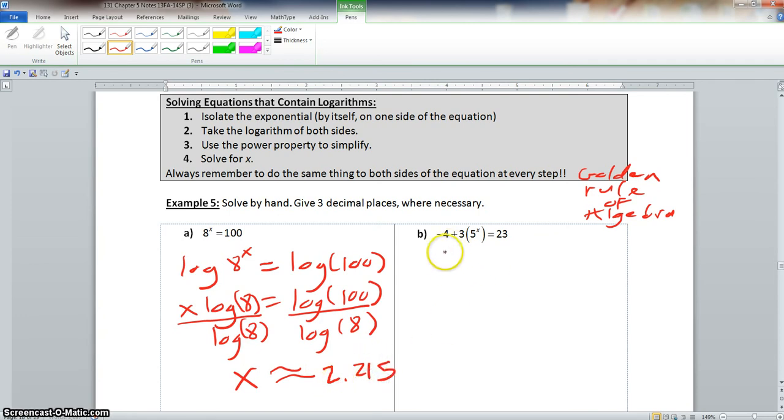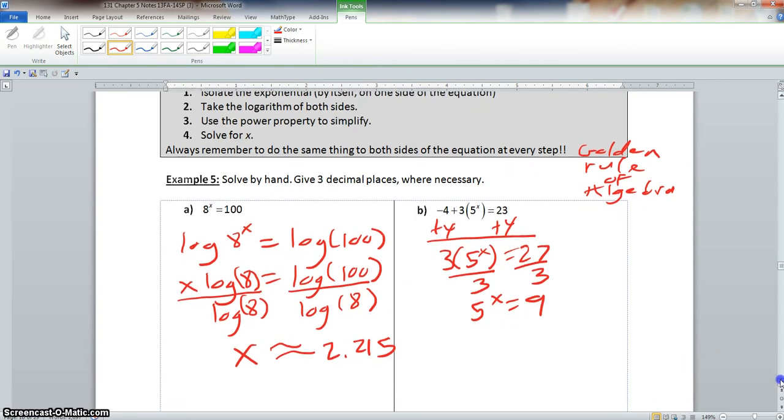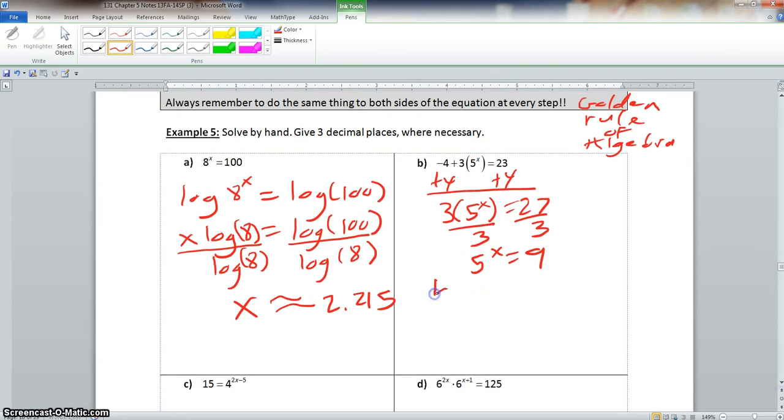Now we go here to b. The first thing we should do here in b is add 4 on both sides. So we will have 3 times 5 to the x is equal to 27. Now we divide each side by 3. And we have 5 to the x is equal to 9. Now we could do what we just did in a. We'll take a log of both sides. So we have log 5 to the x is equal to log of 9.